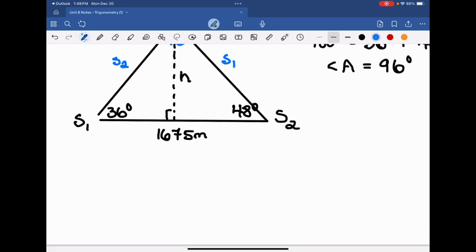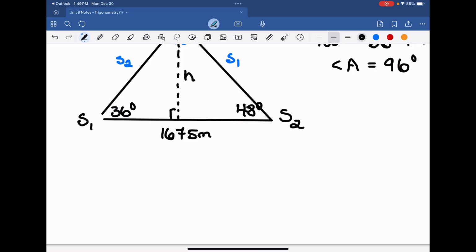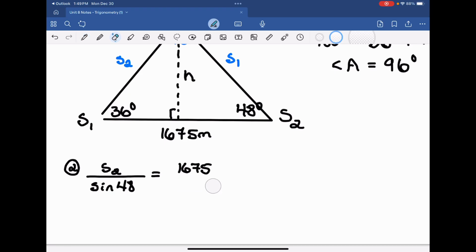So putting this all together for step number 2, we're going to write this below. Step number 2: side length of 2 divided by the angle at 2, which is sine of 48, is equal to 1675, which is the airplane's side length between the two stations, divided by the sine of that 96 that we just found.